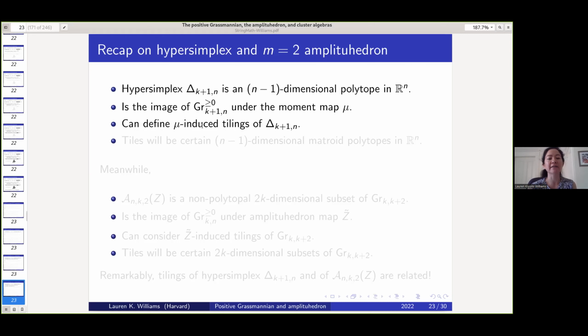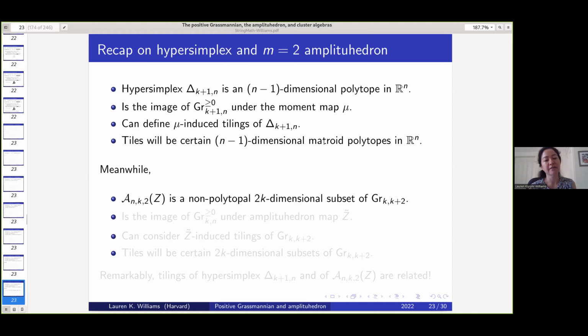And we can look at what we would call tilings of the hypersimplex, which are ways of cutting up the hypersimplex into moment map images of positroid cells. Moment map images of cells are matroid polytopes, so we're really cutting up the hypersimplex into certain matroid polytopes.